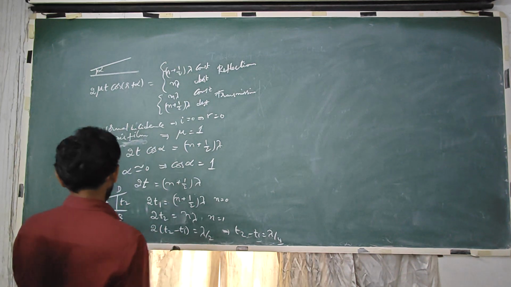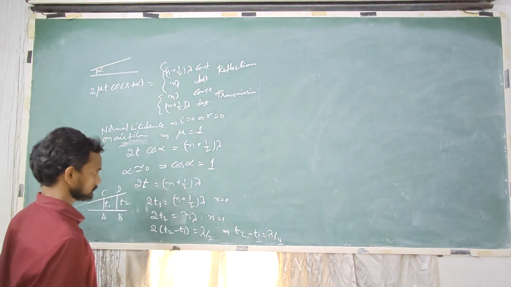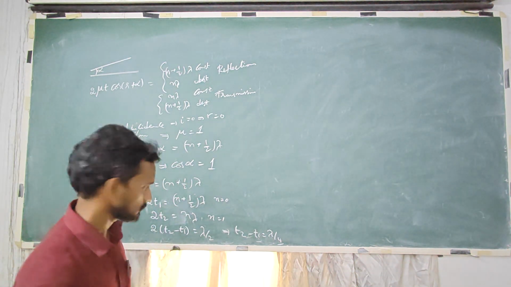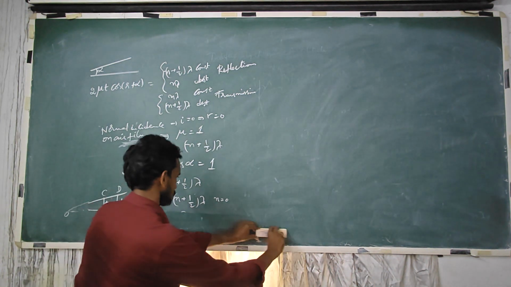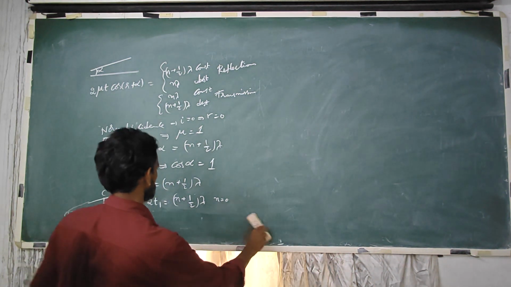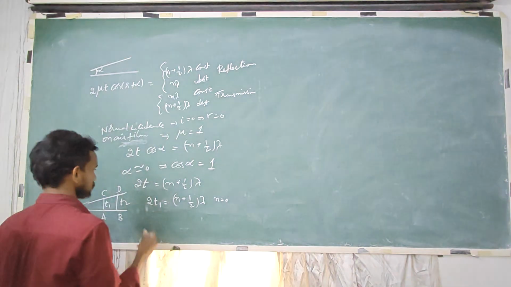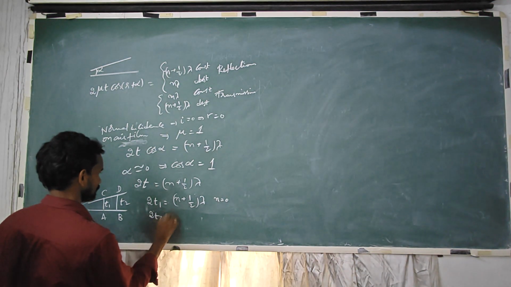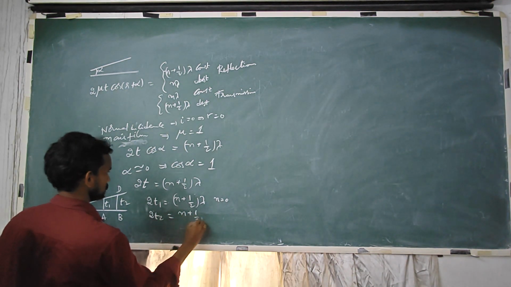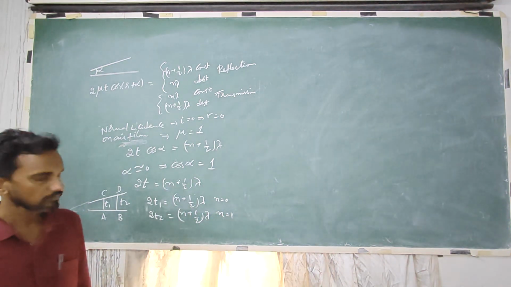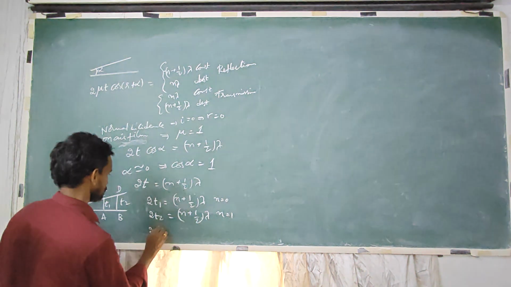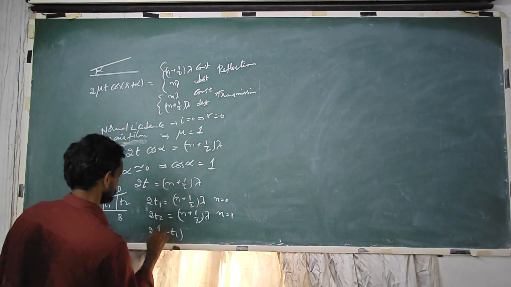Otherwise, if you take two bright fringes, let's say we consider two bright fringes. So T1 is for n is equal to 0 and 2 T2 is for n is equal to 1, (n plus half) lambda. Then 2 (T2 minus T1) is what?